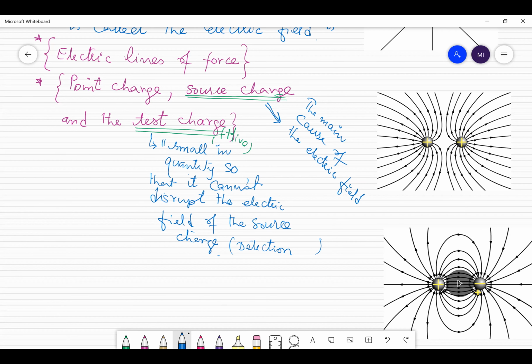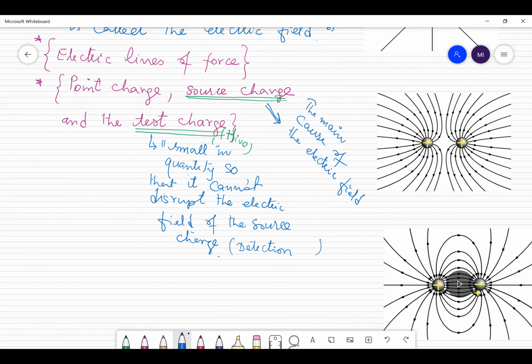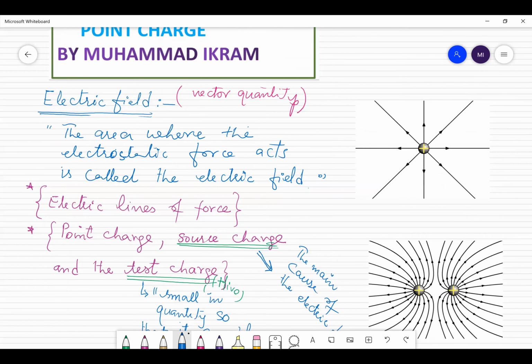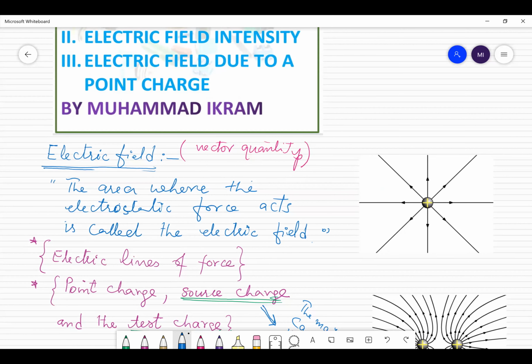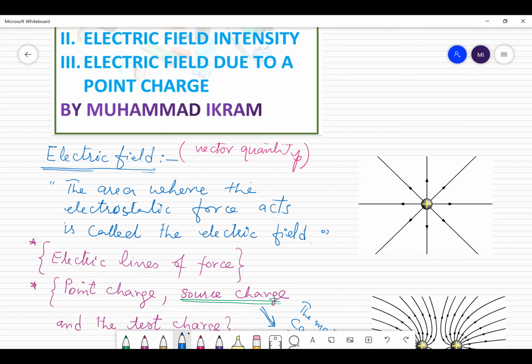Now let us come back to the electric field concept. As I told you, the electric field is the space or region around the charged particle where the electrostatic force of attraction or repulsion acts.